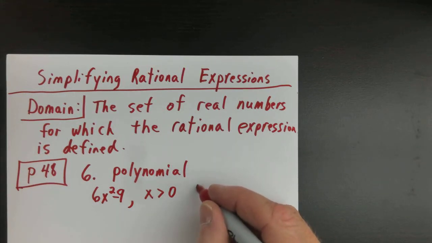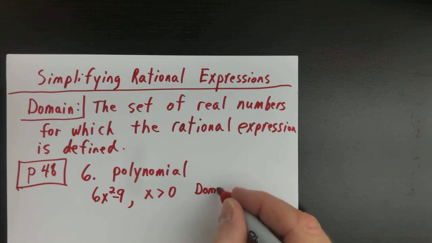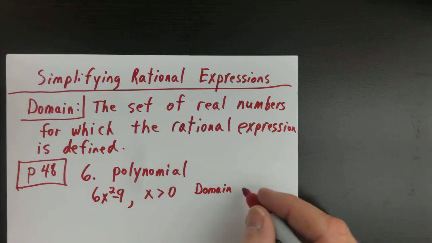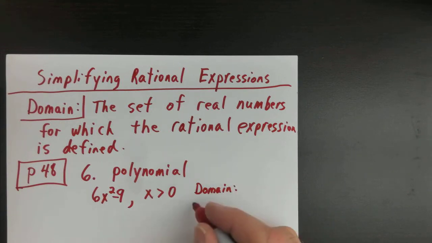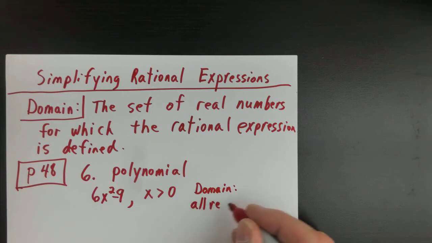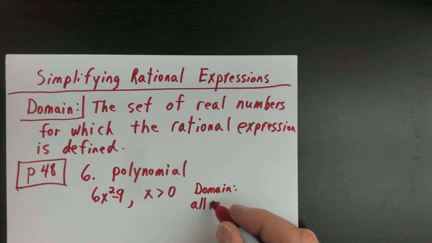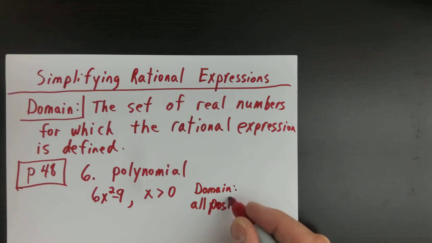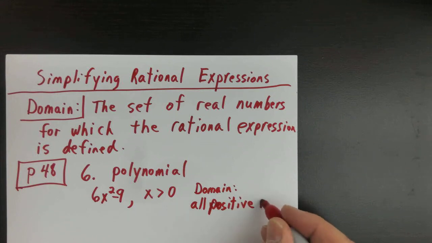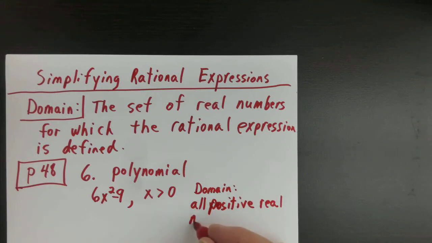So when I go for the domain of this, I would just say all real numbers, well, all greater than 0, so all positive real numbers. That's what I would call the domain on number 6.